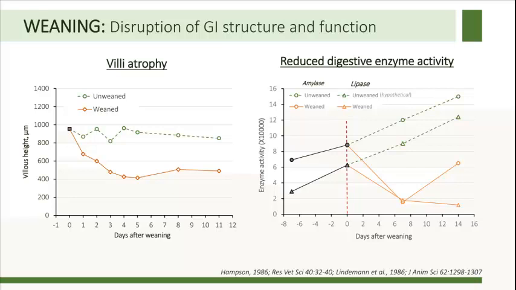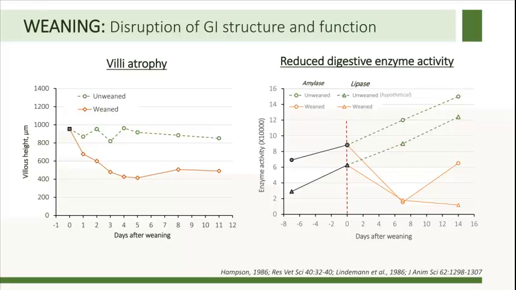Studies from the 1980s. Here on the left, showing villi atrophy. What I'm showing here is, after weaning, how the villi height changes over the next 11 days. In green are the unweaned pigs and the villi height for those pigs, and the squares in orange show the size of the villi after weaning.